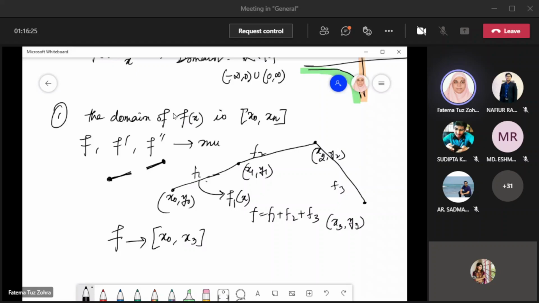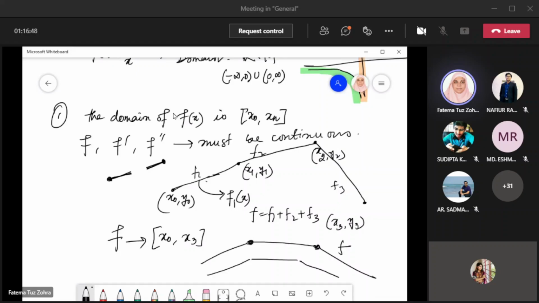That means there is no hole between those points. So this is continuous, isn't it? But if I have this one, is it continuous? This is continuous because I don't have any hole. And for this one, is it continuous? No, it's not continuous because I have a hole there.